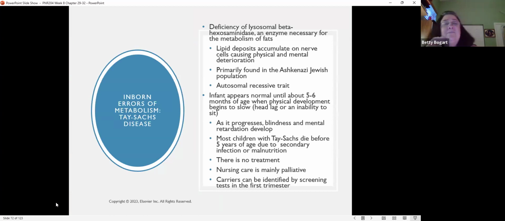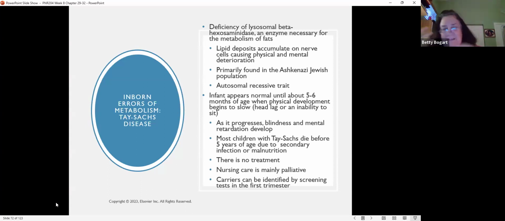Now, there is something called lysosomal beta-hexosaminidase. It's an enzyme, and all it does is take fat in your body and break it down to use, like bile does with food. In this case, lipid deposits aren't used properly, and it deposits itself on nerve cells, in the brain.